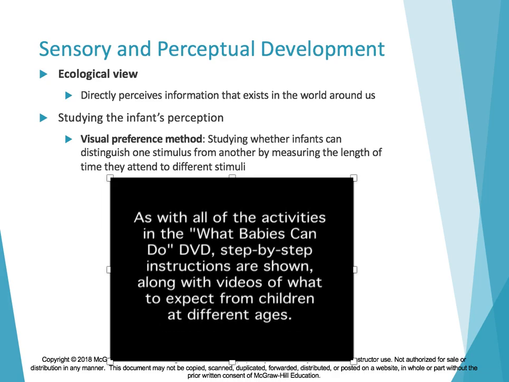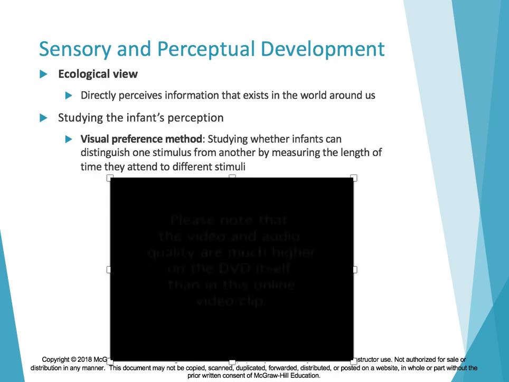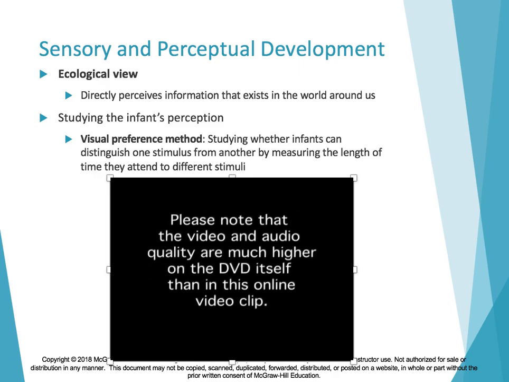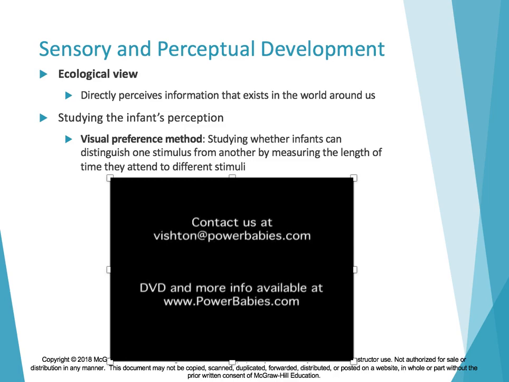As with all of the activities in the What Babies Can Do DVD, step-by-step instructions are shown, along with videos of what to expect from children at different ages. Please note that the video and audio quality are much higher on the DVD itself than in this online video clip. For more information, contact us at vishton@powerbabies.com or visit our website, www.powerbabies.com.